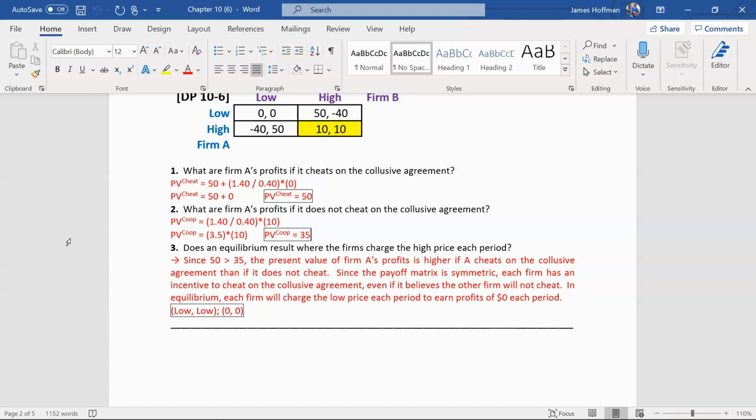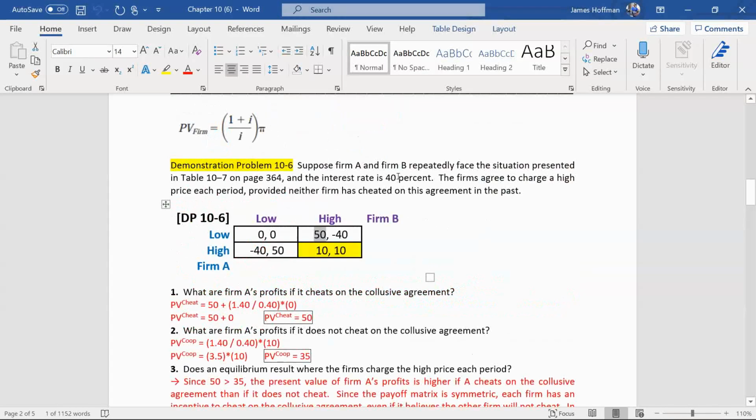And so we're saying that if the firms had an incentive, they could cheat now and take the 50, and then earn 40% interest on that 50 for the rest of the time, and that would be more valuable to the firm than cooperating and giving up the interest earned. So the present value of cheating is 50.